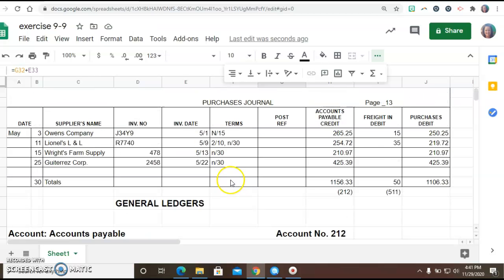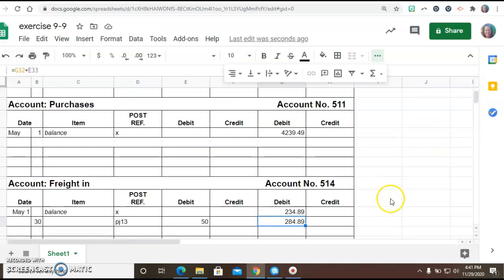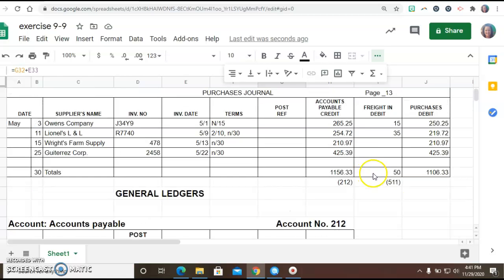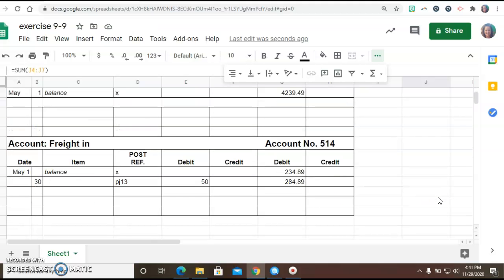I am sorry I jumped ahead there. So freight in should actually be account 514. I'll fix that here. And this is going to be account 511. It's going to be a debit, 1,106.33.